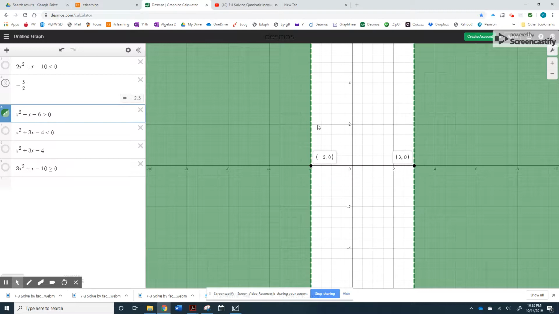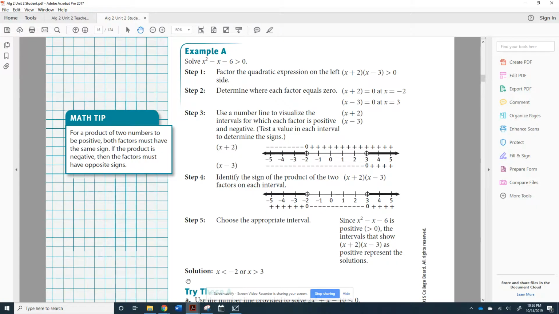Why should these dots be open? Because these bars are dotted. So these should be open dots. So we talk about numbers that are less than negative 2 and numbers that are greater than positive 3. That's what they're talking about right here: x is less than negative 2 or x is greater than 3.